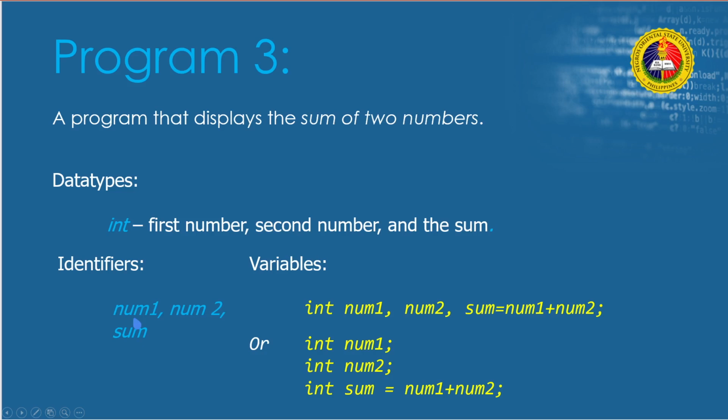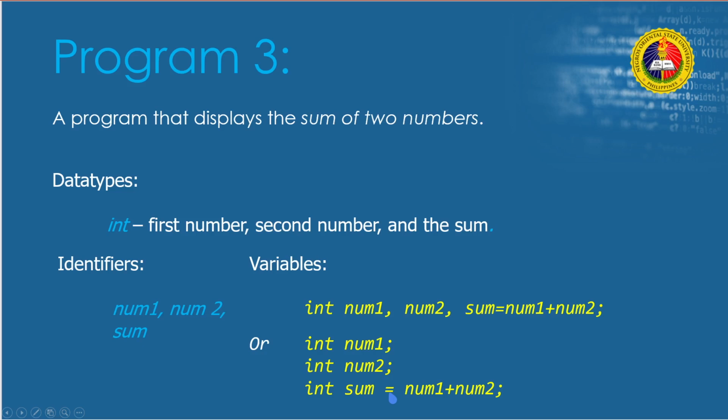And the variables are int num1, num2, and sum. Or, like I said, we can write it in a single line since all of them are int, or we can write them separately.